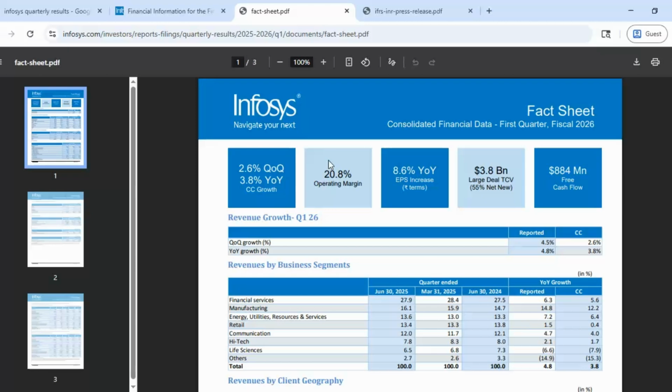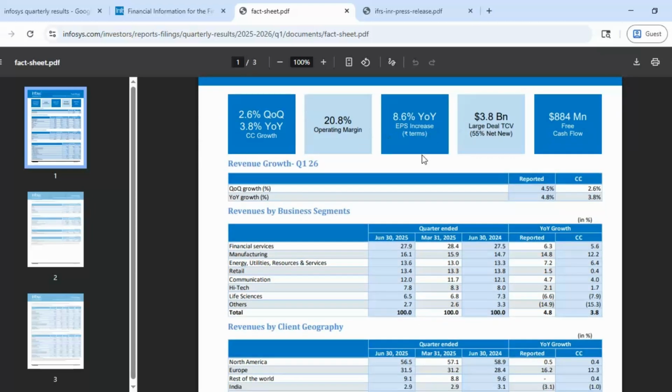So here, what you can see is the same KPIs. The first insight we can infer from here is revenue by business segment. If you closely see, as of 30 June 2025, financial services is having 27.9%.